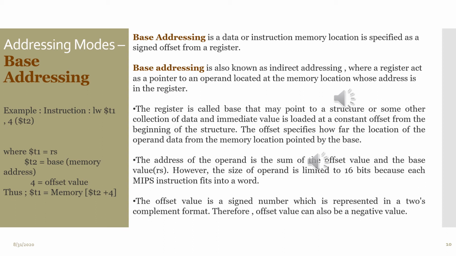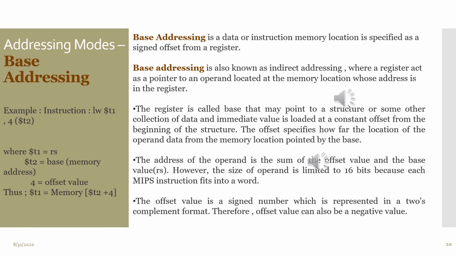Base addressing. Base addressing is a data or instruction memory location specified as a signed offset from a register. It is also known as indirect addressing, where a register acts as a pointer to an operand located at the memory location whose address is in the register.